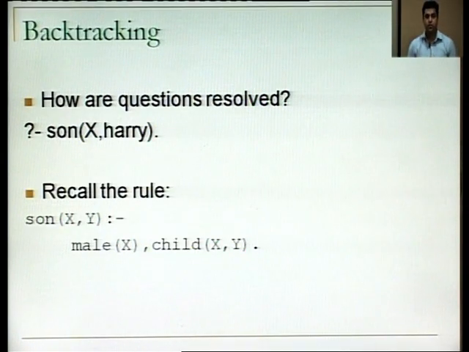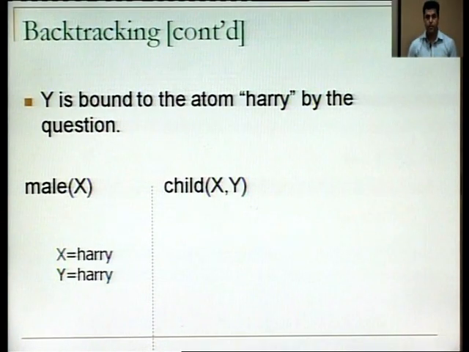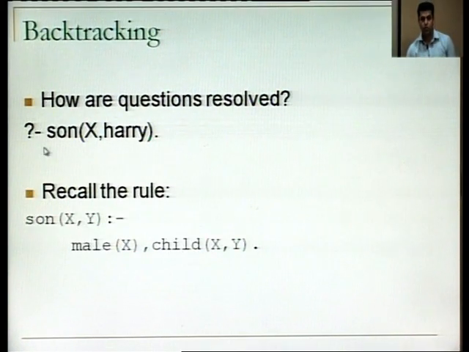We will go into detail on how Prolog actually comes out with the answer. We will take one example. We want to check whether X is a son of Harry or not. We want to know this value X. Now, when it goes through the program, it will match with this rule.